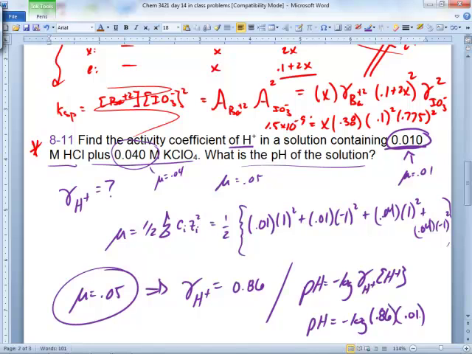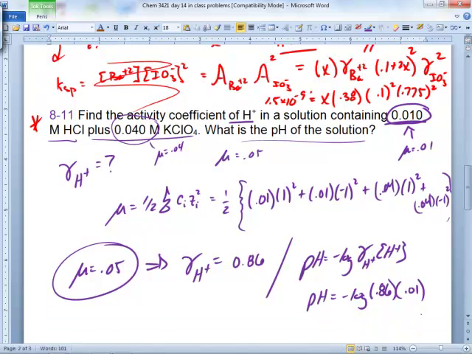See, this stuff isn't going to be too bad. About 2.06 or 2.07 or so. Not too bad.